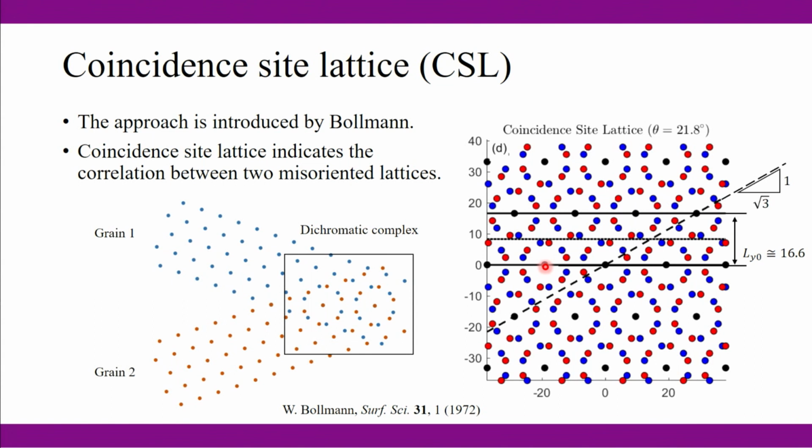So a good theoretical model for this effect is to artificially add a periodic structure along the y direction, and the periodicity should be the same as the periodicity of this coincident site lattice along the y direction. Okay, so it's like you are climbing over a landscape, and due to the discrete structure of atoms, you are expecting that when you go along the y direction, you are experiencing a different landscape.